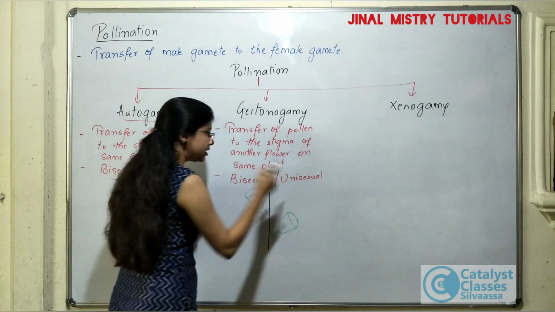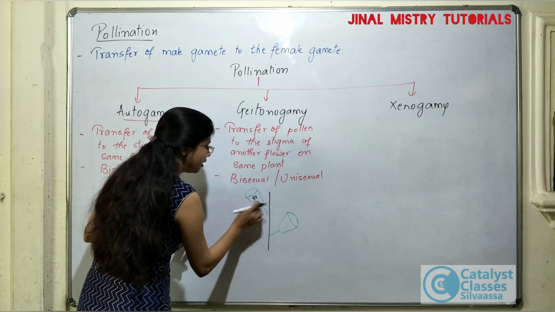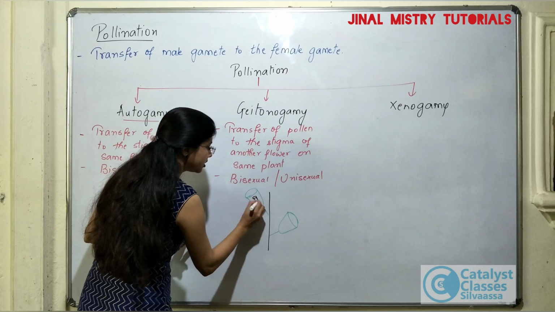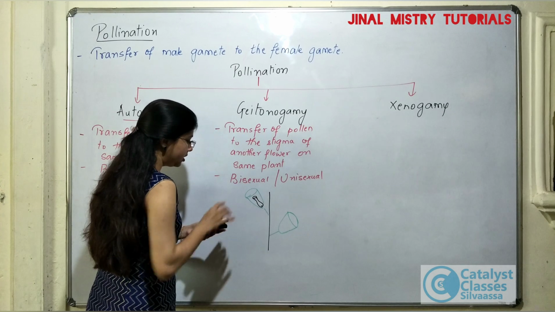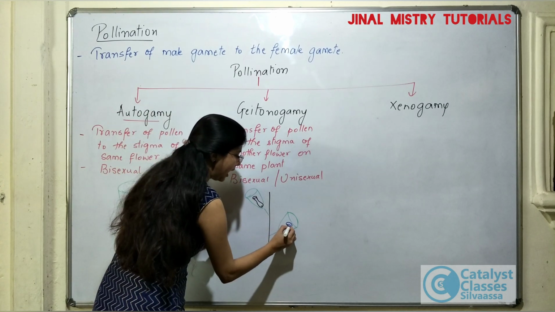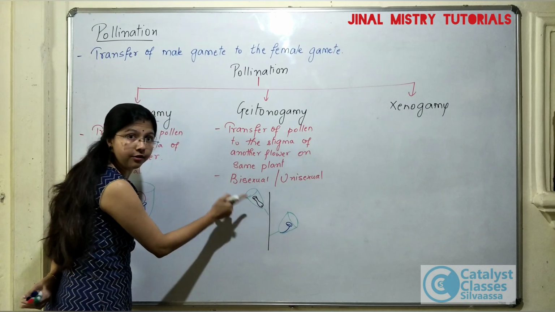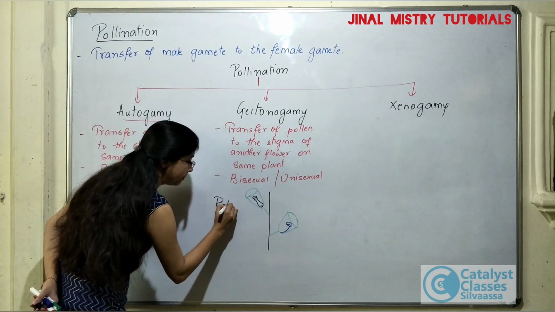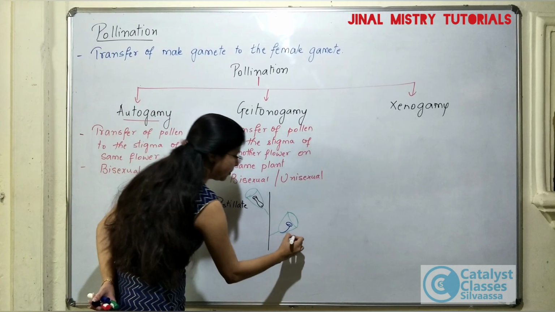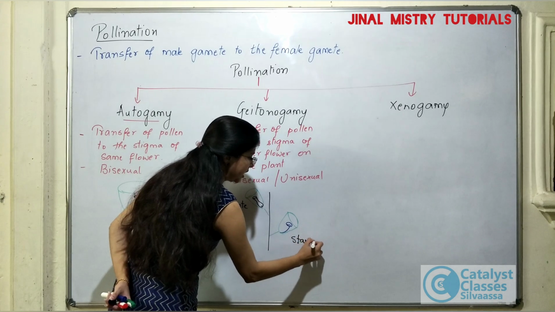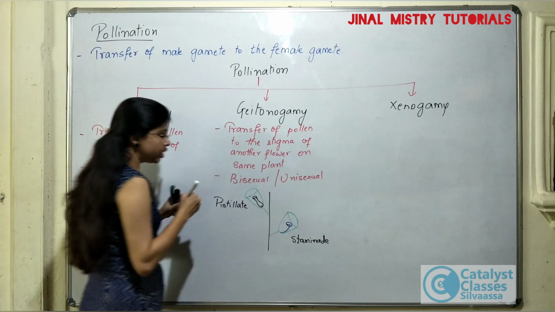If the flowers are unisexual, then one flower will have the female reproductive part, the stigma, style and ovary, and the other flower will have the anthers. The flower with the female reproductive part is called a pistillate flower, and the flower with the male reproductive part is called a staminate flower.